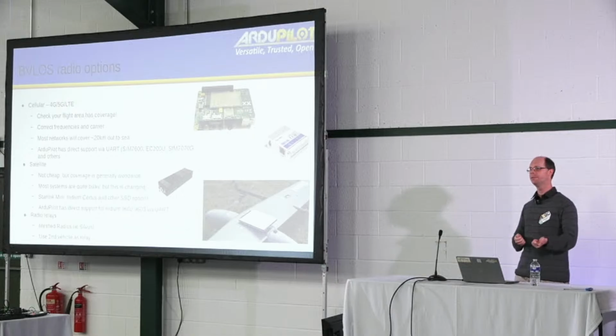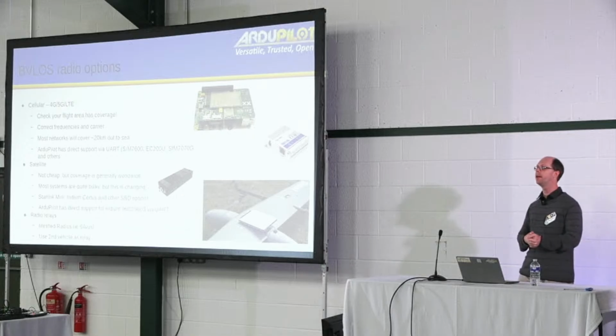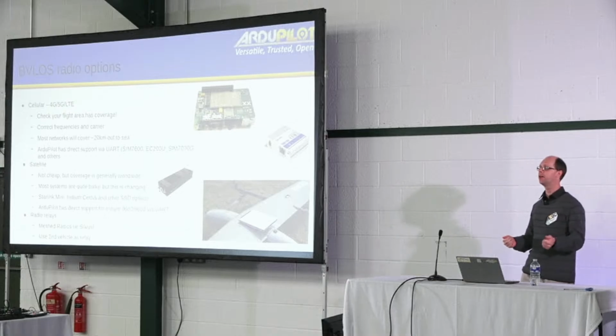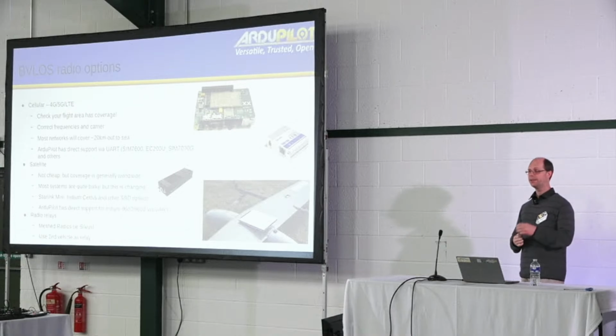If you're on 900 megahertz LTE bands, generally speaking, those lower bands will have much, much greater range from the cell tower. For things like 700 megahertz band 4G, you can easily get 20 kilometers from a cell tower.